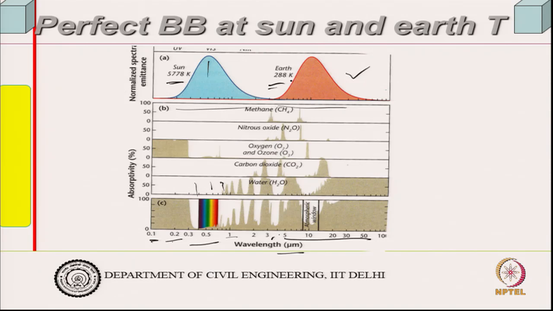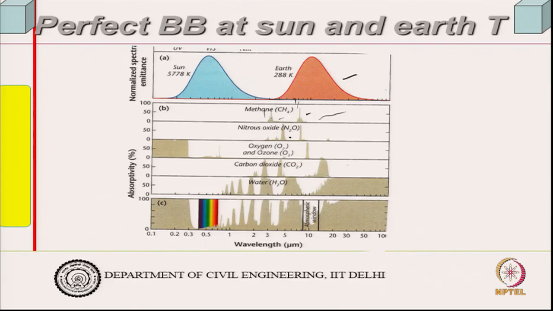Now, this part shows absorption by methane, because the earth radiates in the nocturnal sky when the sun is not there, and radiation heat exchange will be between the earth and outer cosmos. The methane absorbs most of this radiation, at this level, this is the peak, as you can see there.